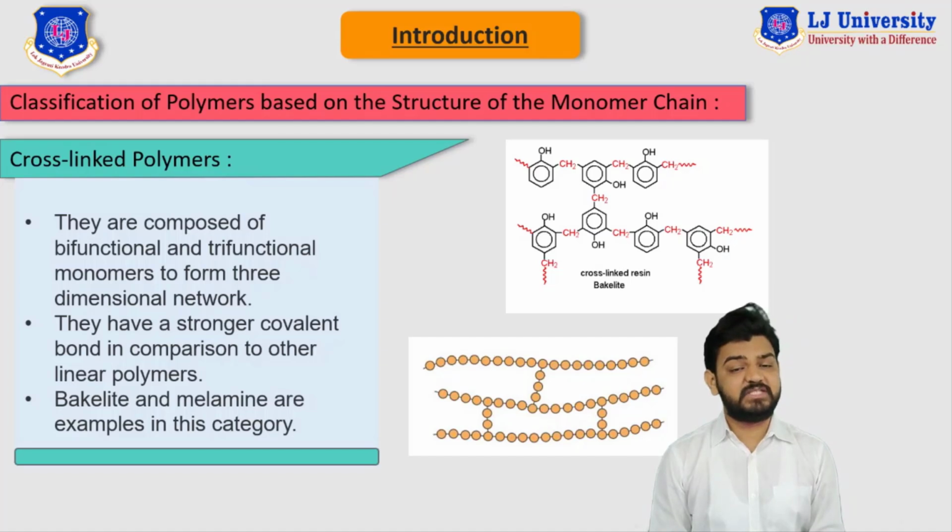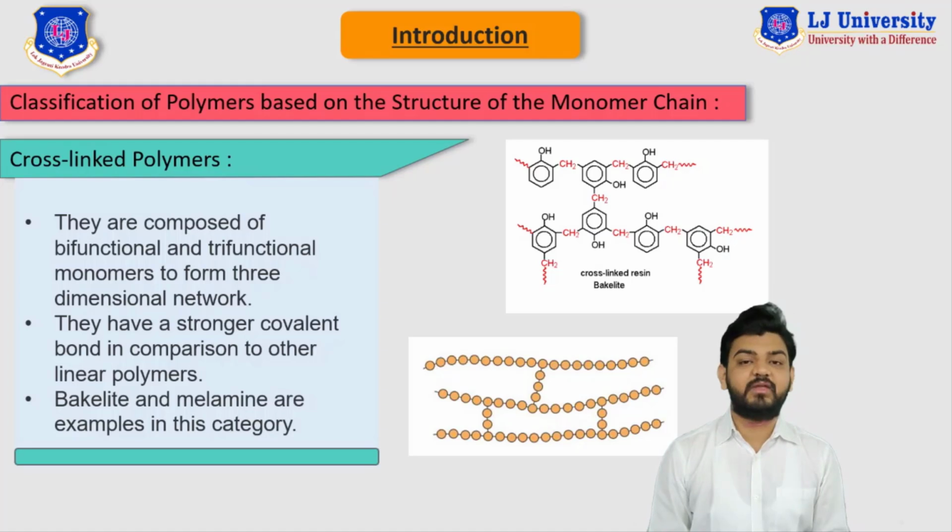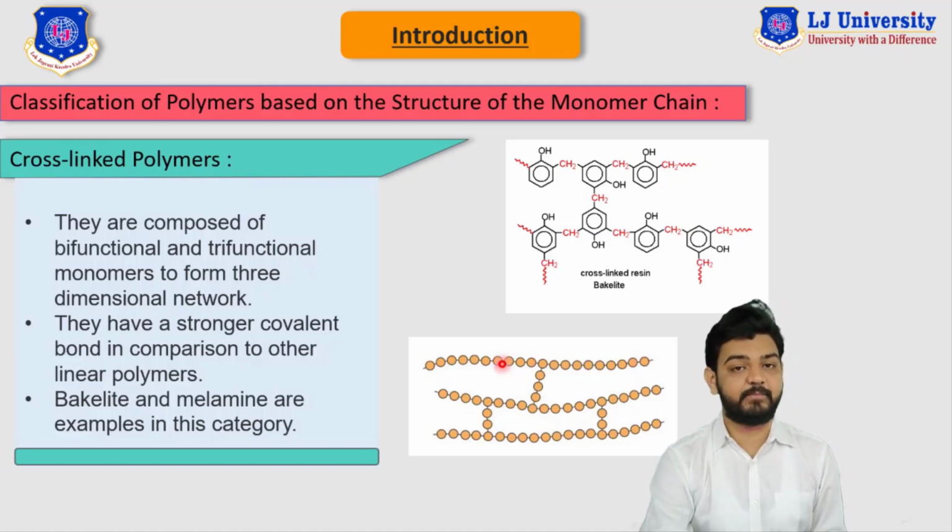Here in this image, you can see these cross-linked polymers. Let me take a pointer so that I can explain this concept of cross-linking. Here you can see that this is the straight line of the linear polymer and this is the branch of it.